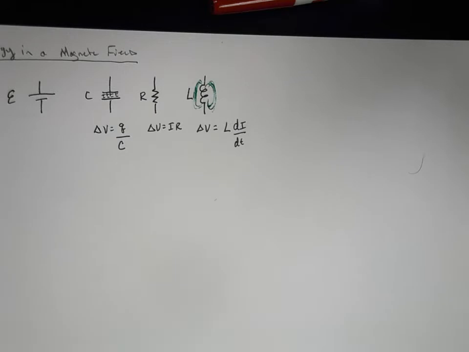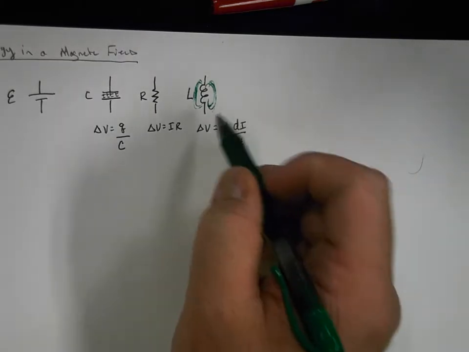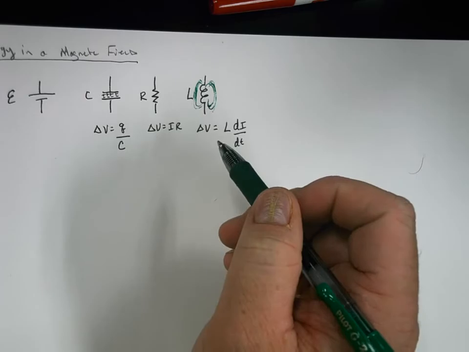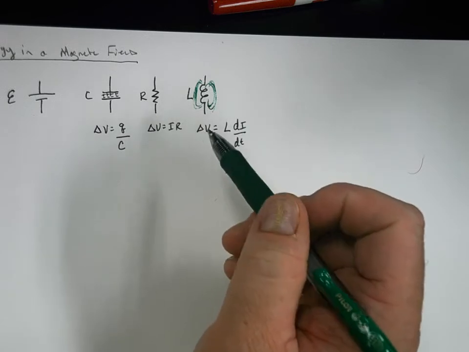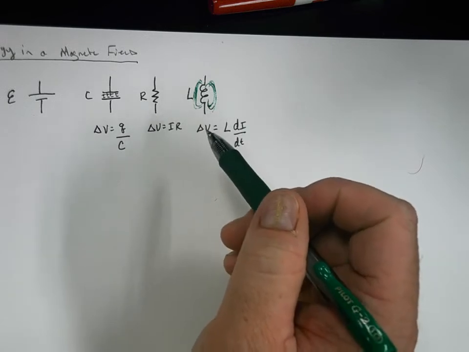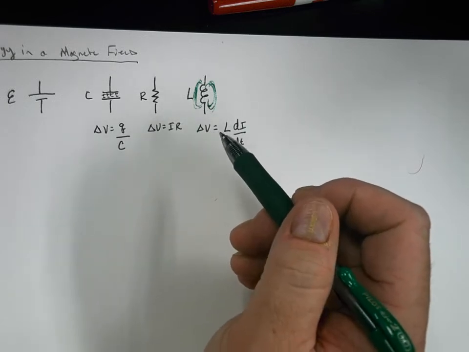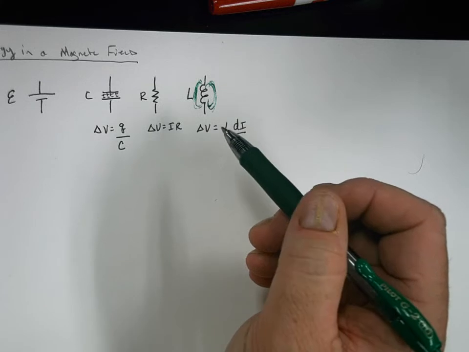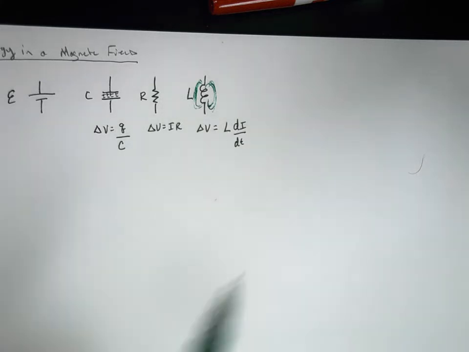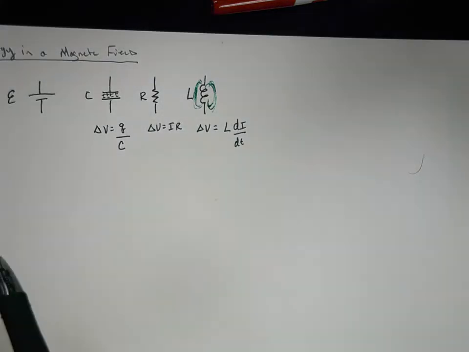The inductor is the magnetic field version of the capacitor. It stores energy in a magnetic field rather than storing it in an electric field.